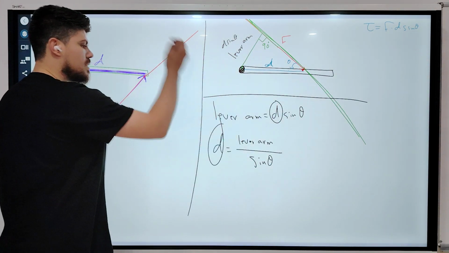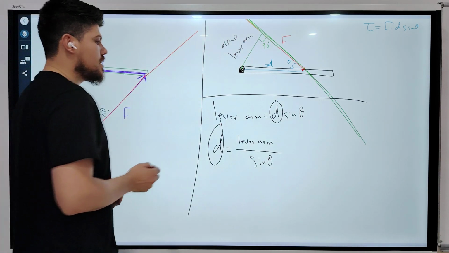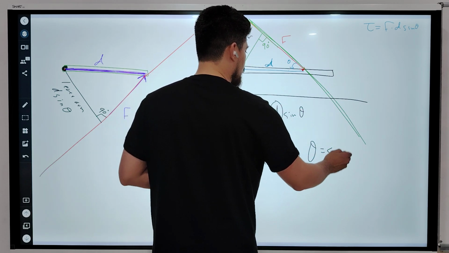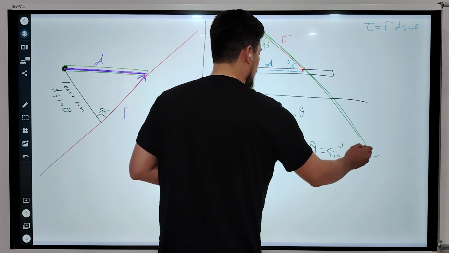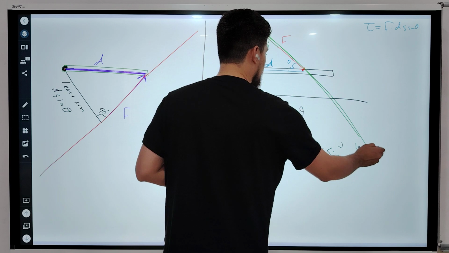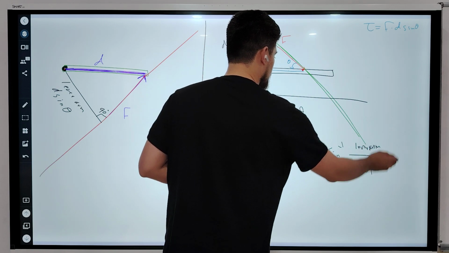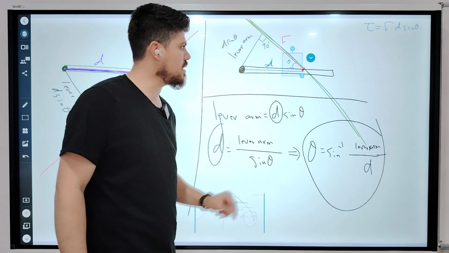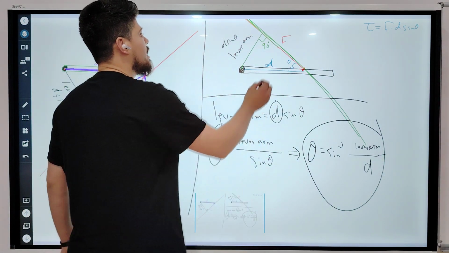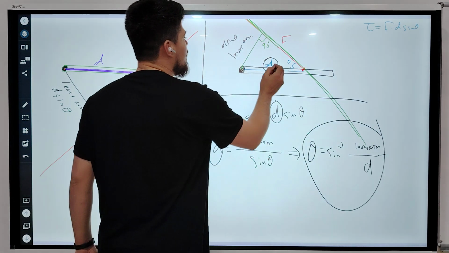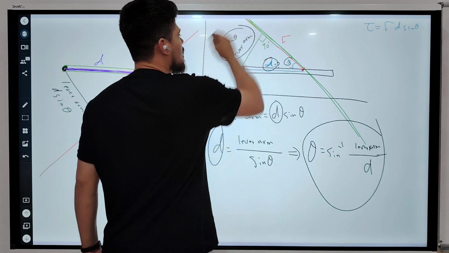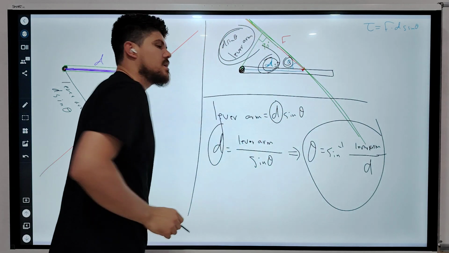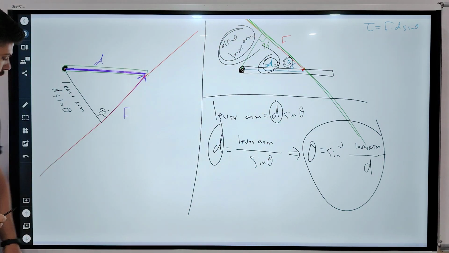You can find the distance. So how can you find the angle? Angle is equal to sine inverse of lever arm over D. In this equation you can find this angle, or also you can find this distance. How can you find this distance? When the angle and lever arm are known. How can you determine this angle when the lever arm and distance are known in the question?